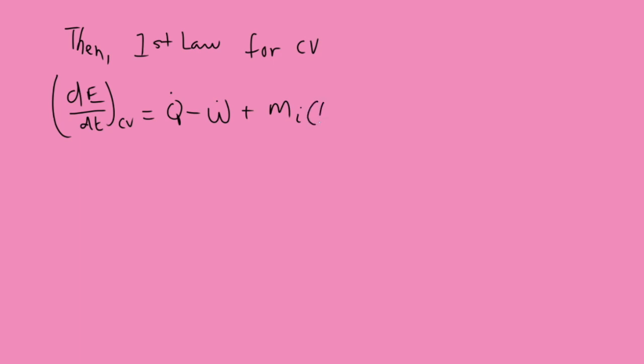So we say it's m dot i times (hi plus KEi plus PEi plus E other), which we rarely even worry about, the E other part. Again, minus what's exiting, right?